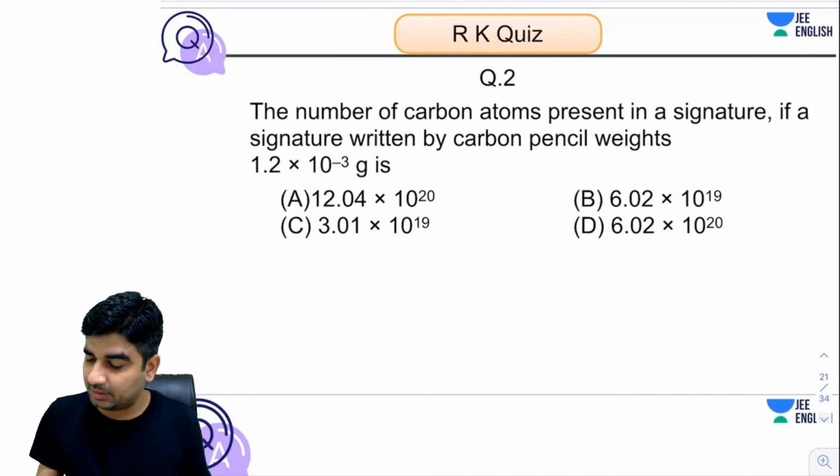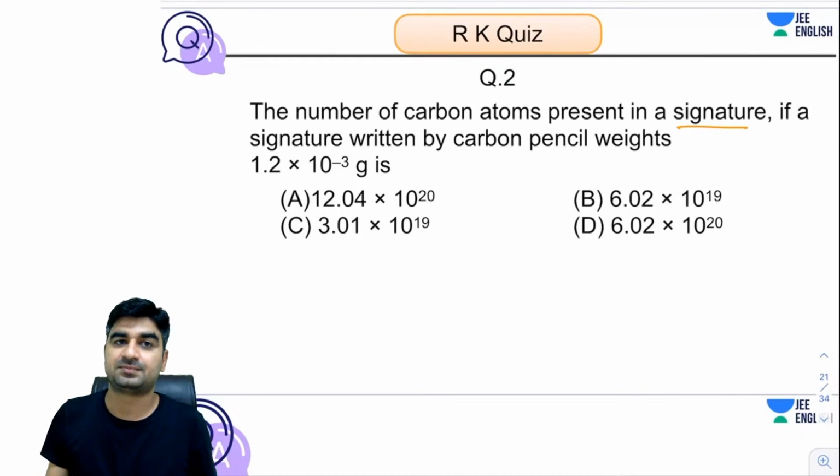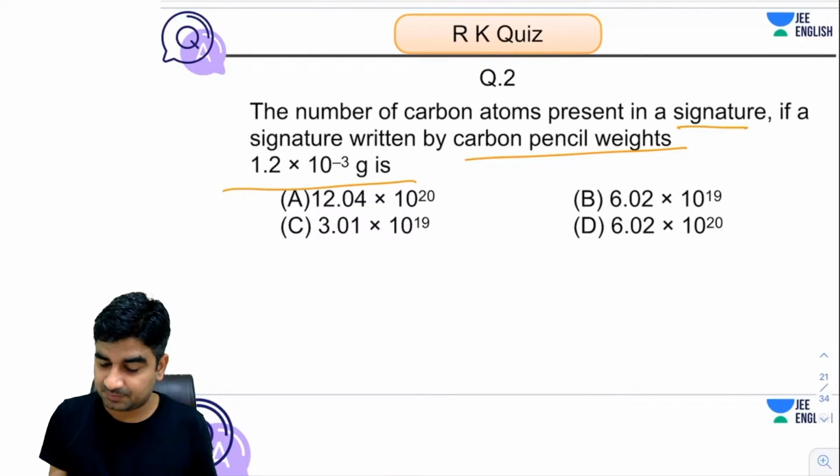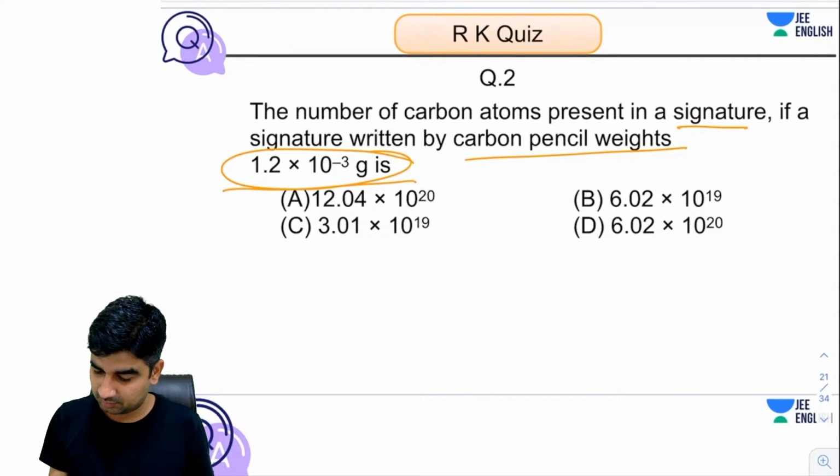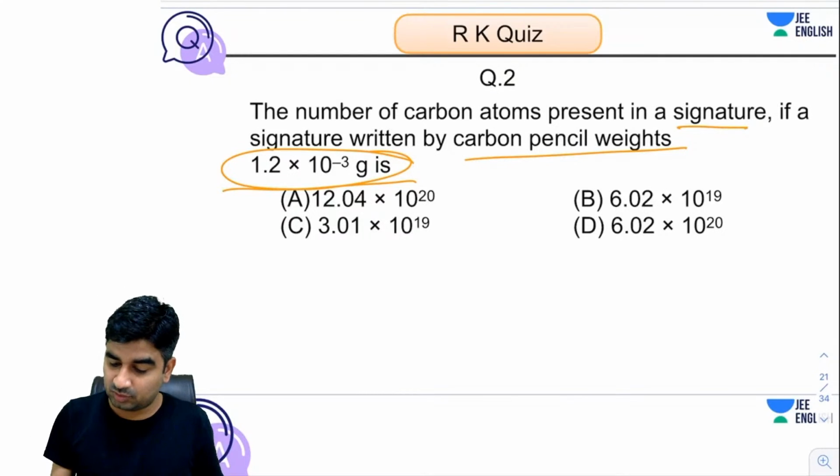The number of carbon atom present in a signature written by carbon pencil weighs this. So it is basically given weight. So you need number.